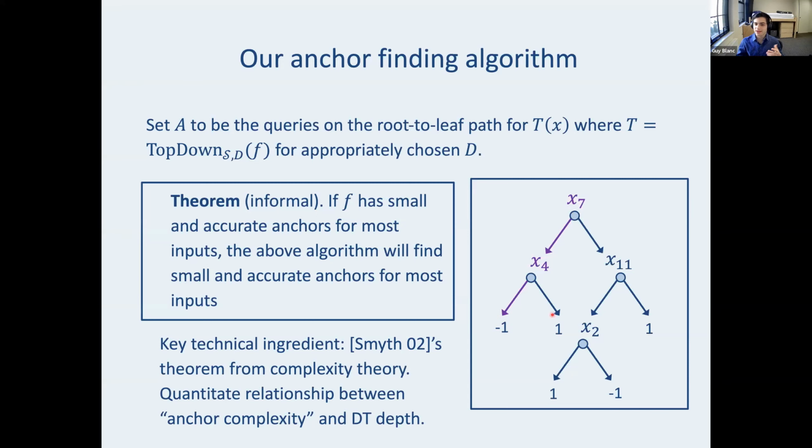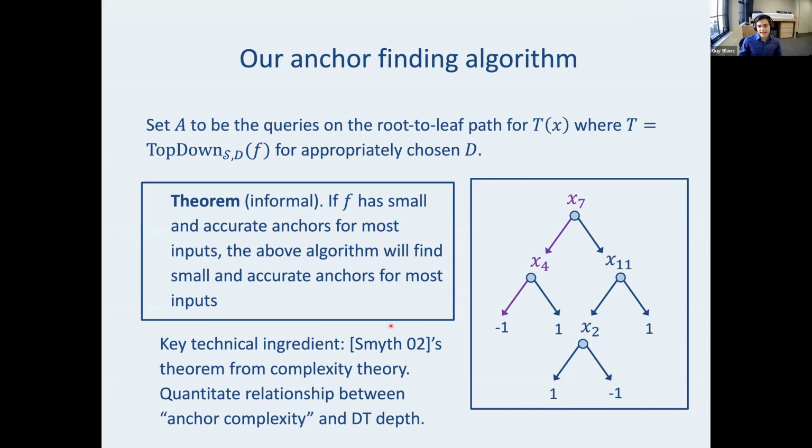T might not be exactly equal to f, and we want anchors relative to our more complex classifier. So the informal theorem we give is that if we can guarantee our black box opaque classifier has small and accurate anchors for most inputs, then this algorithm will find small and accurate anchors for most inputs. So you have to make an assumption that your function is explainable via this method, but as long as it is, we'll give you slightly worse explanations than the optimal ones.